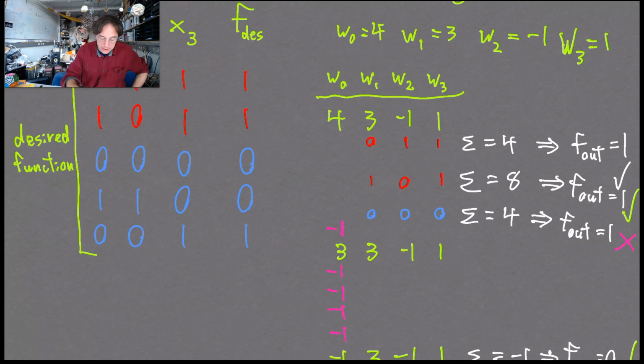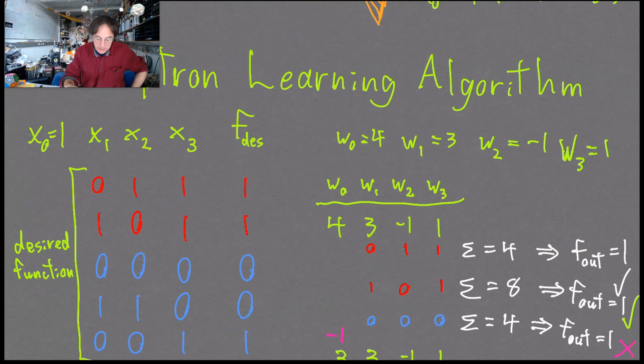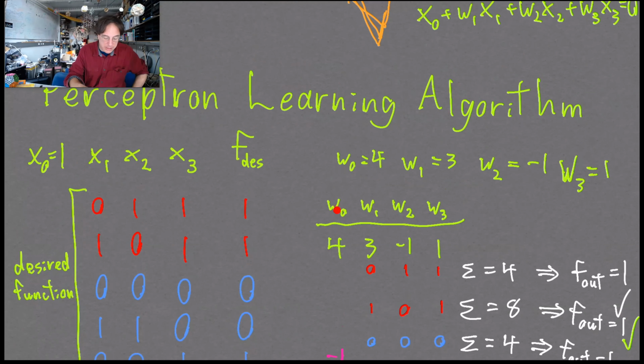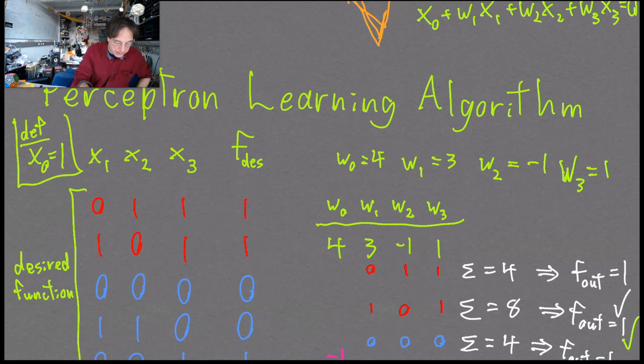So here, for example, we're multiplying the weights by the inputs, but then we just had this extra W0 hanging out, right? It didn't get multiplied by an input, but now we can multiply W0 by X0, which is always 1. That's the definition of X0. It's just always going to be equal to 1.